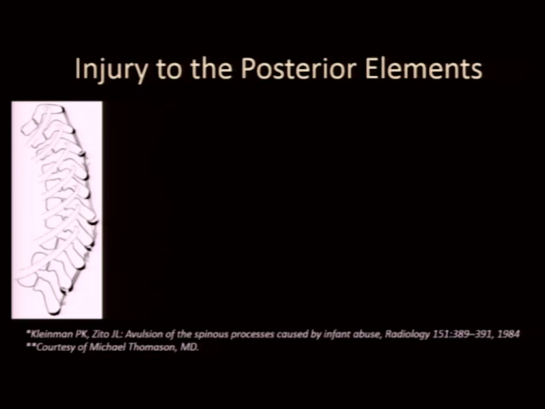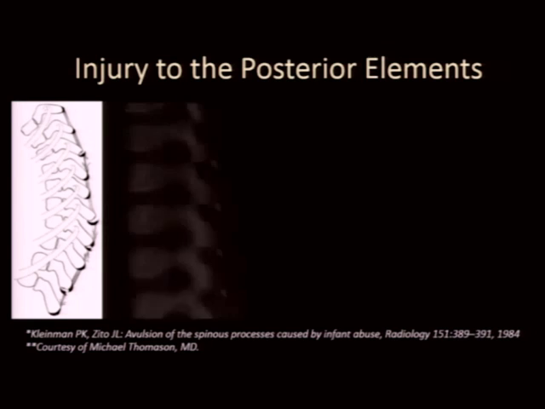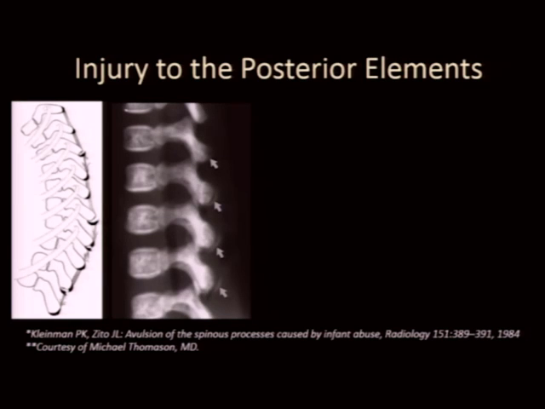Now, when a child suffers a loading injury and is forcefully sat down on a flat surface, often there is a hyperflexion component to that injury, and that can result in traction from the supraspinous ligament on the posterior elements of the spine, and that can result in avulsion injuries of the posterior spinous processes. If bone is avulsed, that may be apparent on your radiographs, but if it's just the cartilaginous cap, that will be radiographically occult.